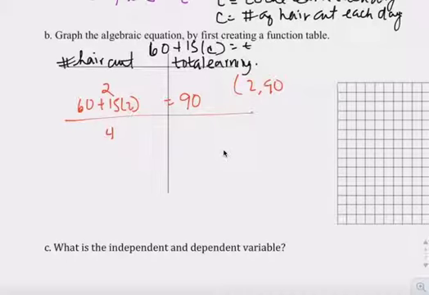Say they did 4 haircuts, 60 plus 15 times 4. That's 60 plus 60, which is 120. You don't have to do this part. Your calculator will give you 120.